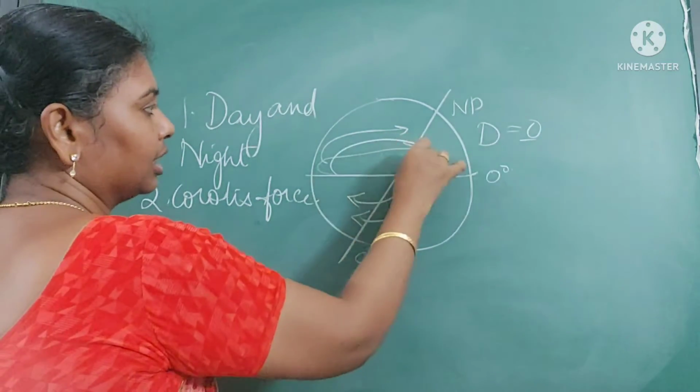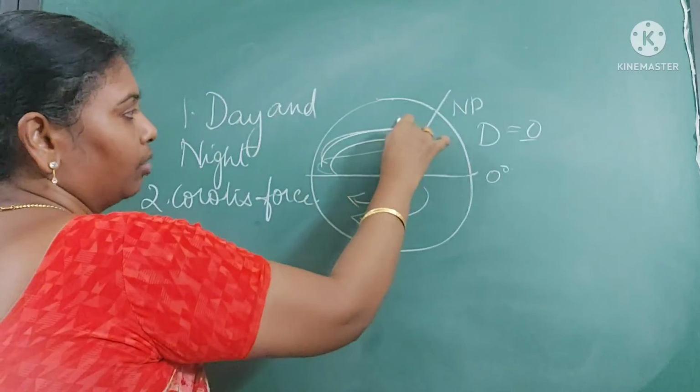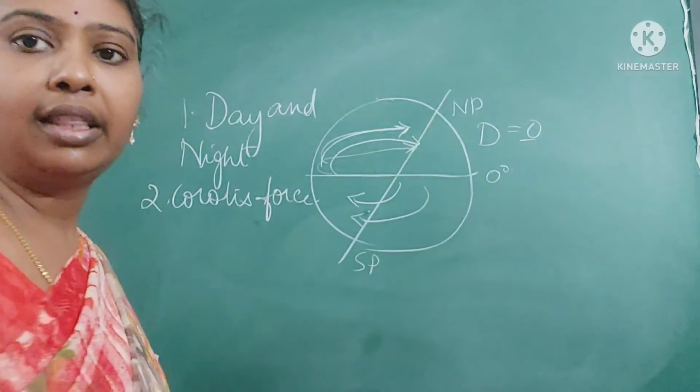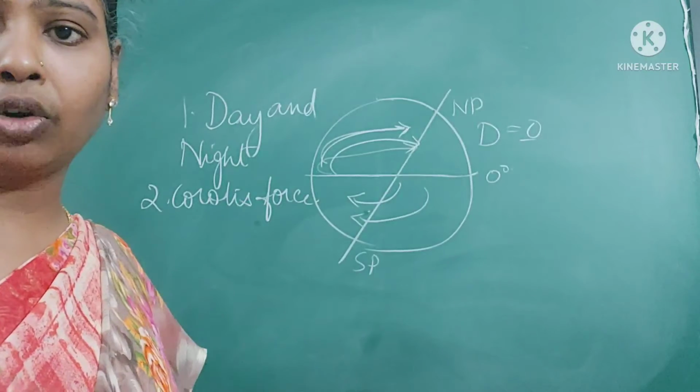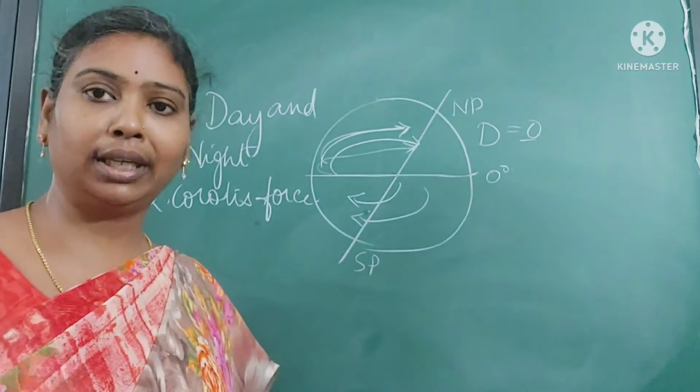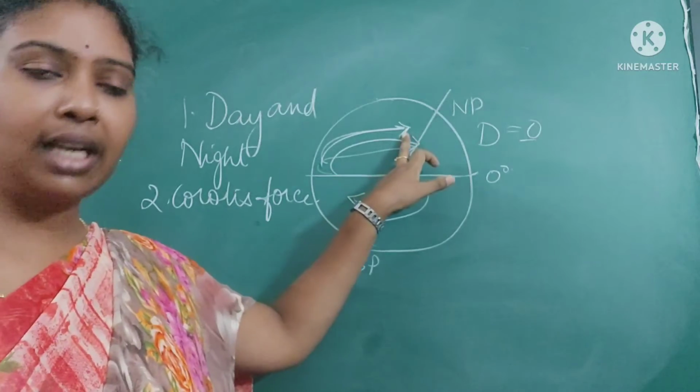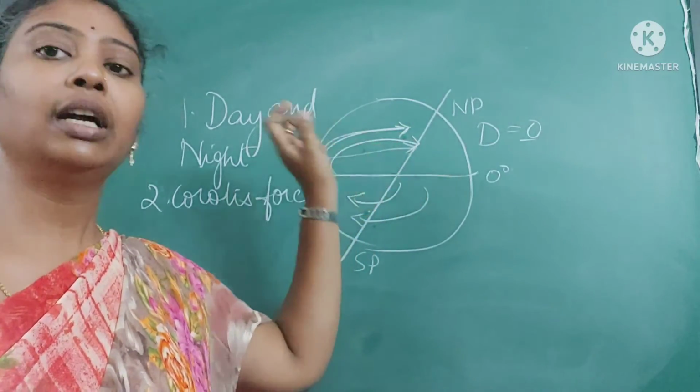Here you can see a circular motion. So these are moving to the right of their course, and in the southern hemisphere all winds and ocean currents are moving to the left.